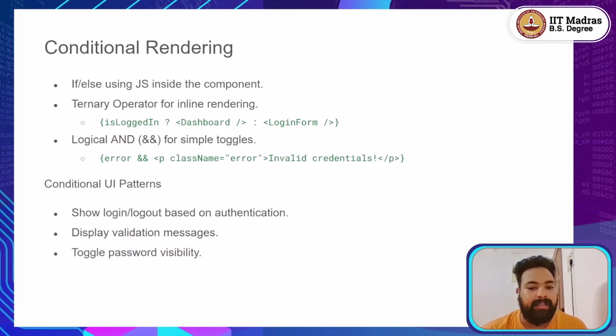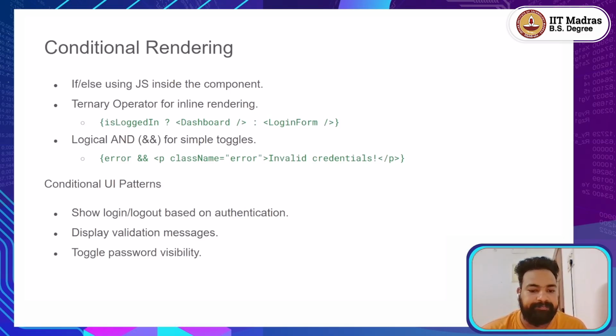Once we start handling user inputs and events, the next natural step is to make our UI respond based on these inputs. And that's where conditional rendering comes in. Conditional rendering simply means showing or hiding elements in your component based on certain conditions. React does not have special syntax for this. We just use normal JavaScript logic inside JSX.